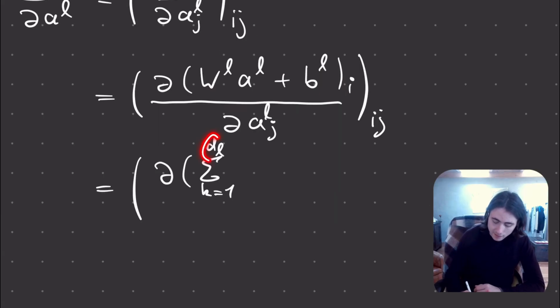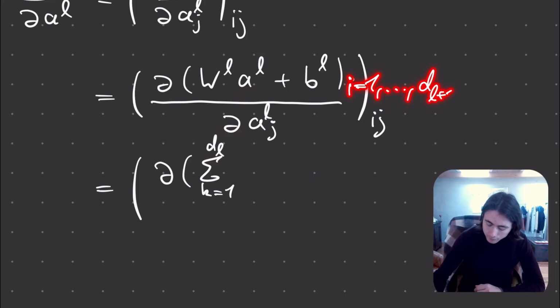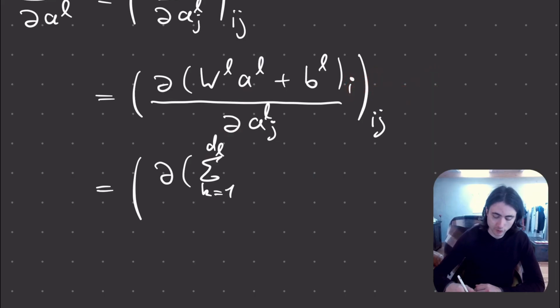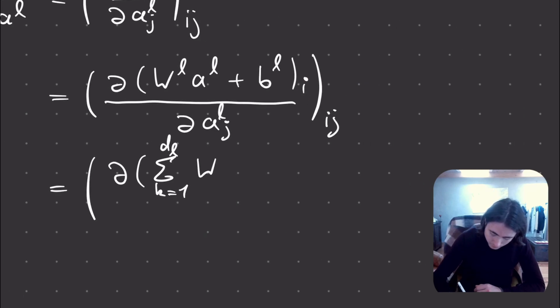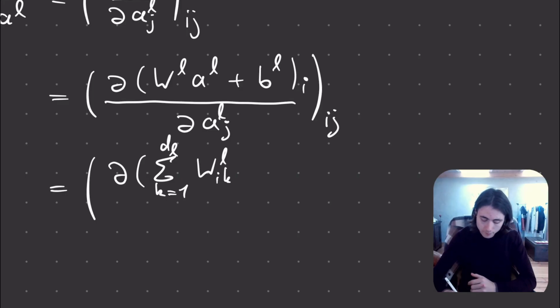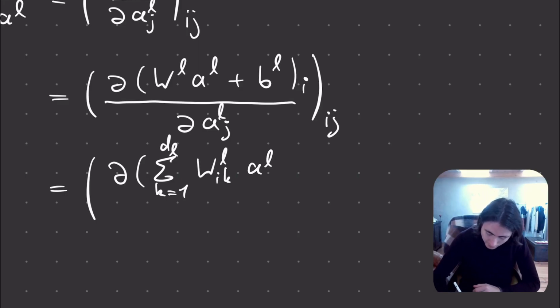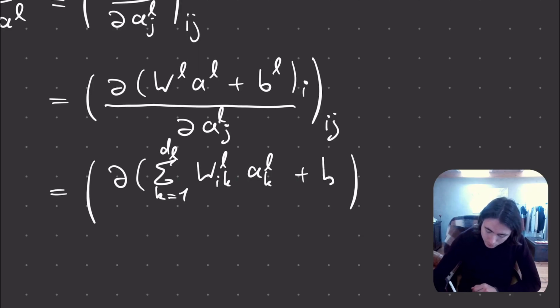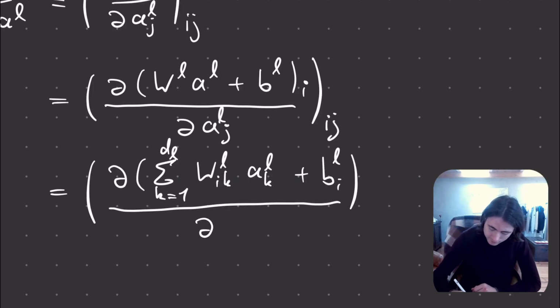So notice that dl is the dimension of the input here, so AL, whereas i itself goes from 1 to dl plus 1, which is the dimension of the output of that matrix multiplication. So we have W, the ith row and the kth column. So we are sweeping through the columns and multiplying each number here with ALk, and then we're adding the ith component of the bias. And all of this we differentiate with respect to Aj.